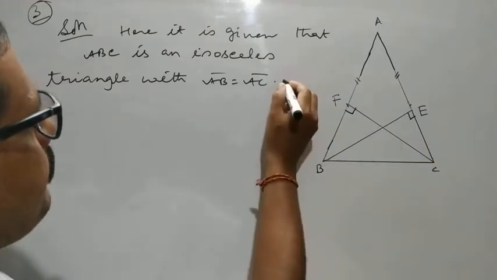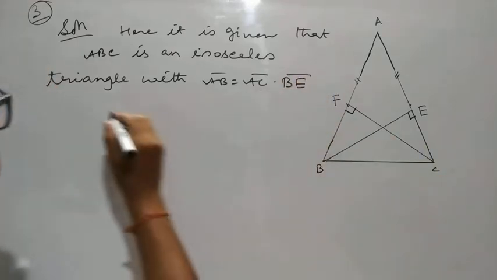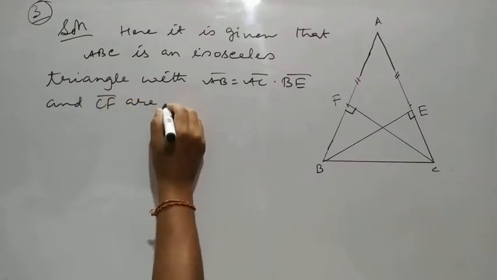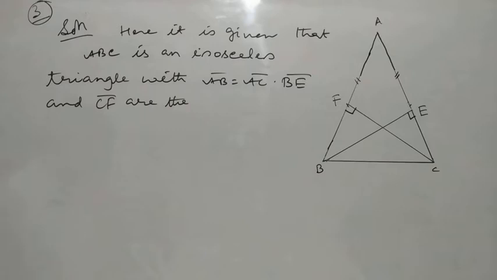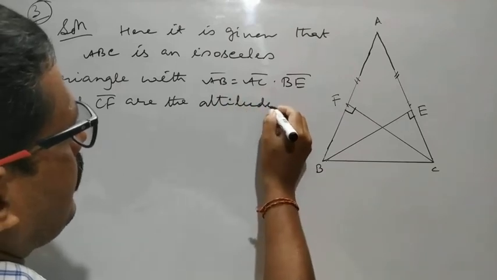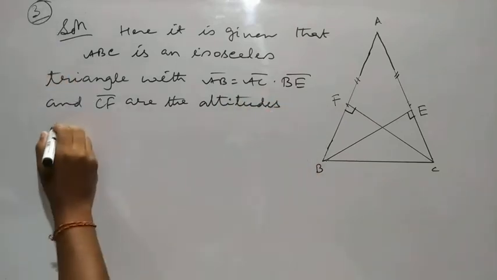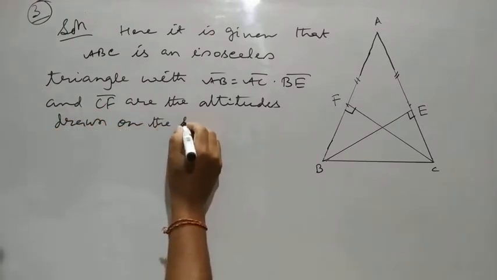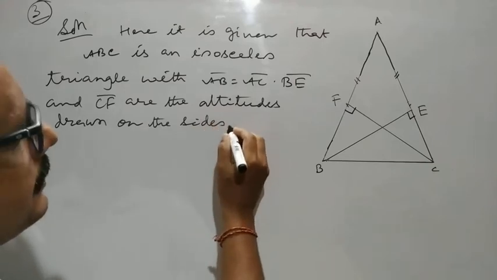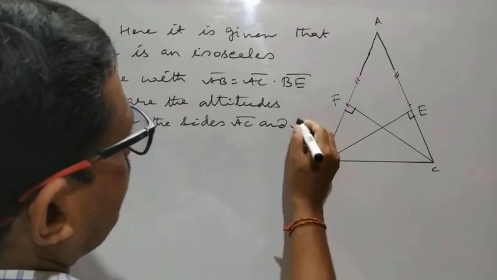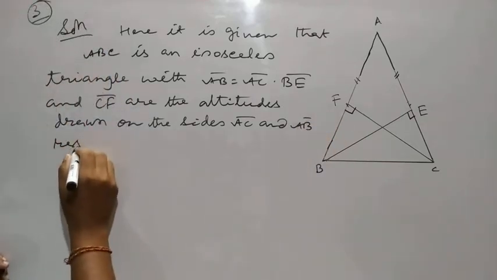BE and CF are the altitudes drawn on the sides AC and AB respectively.